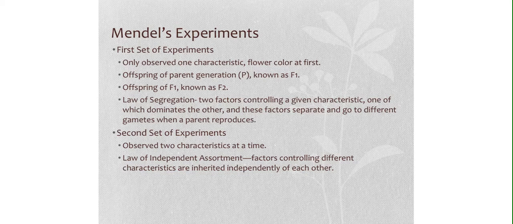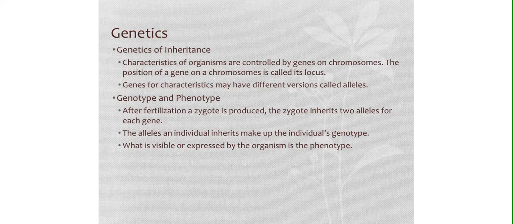So independent assortment means that everything that we inherit is independent of one another. Now, how does this all relate to us and what we see in our characteristics? Because obviously we're not plants, but the fact that Mendel could observe this gave us a lot of insight.